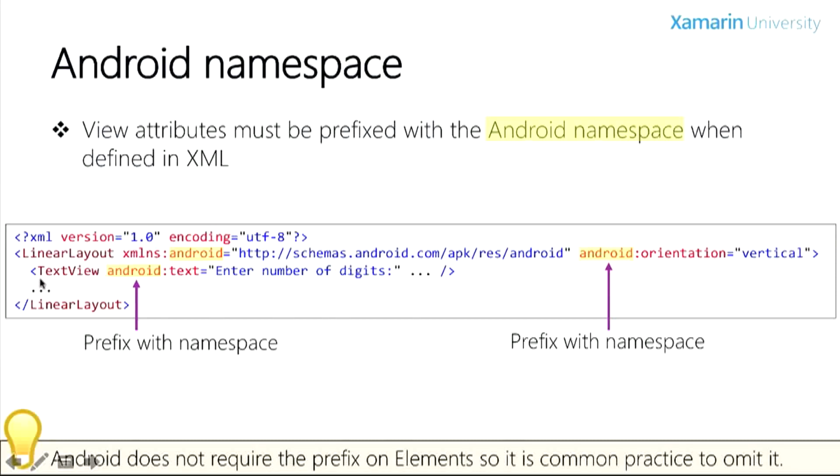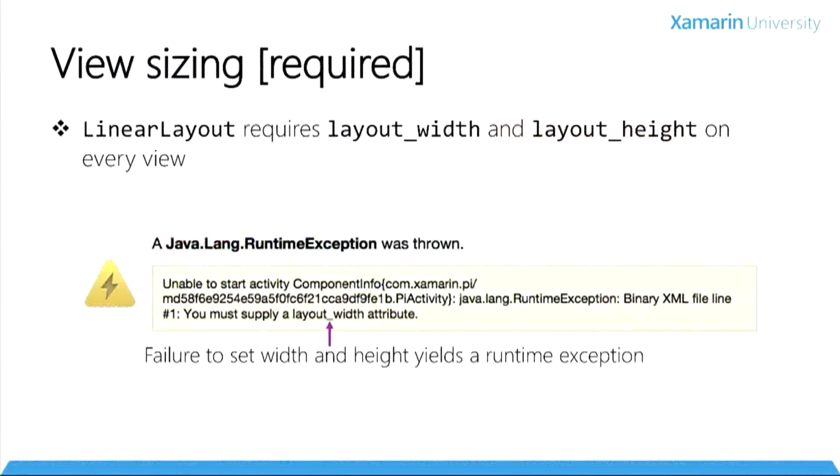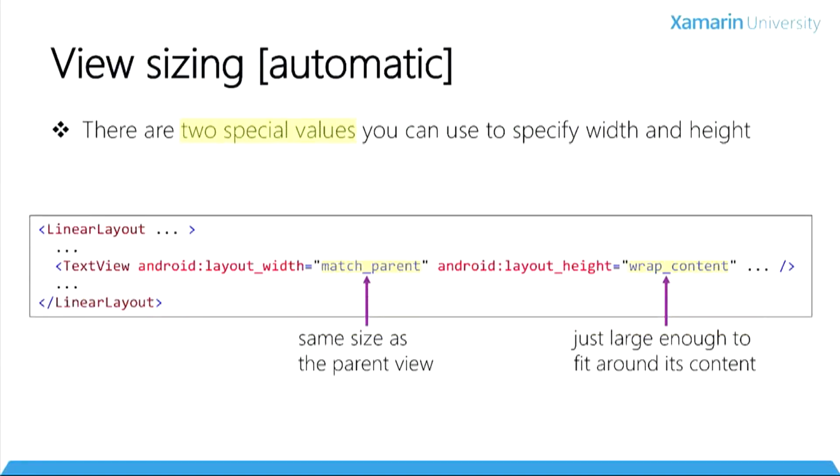There are two important attributes that are required by most of the layout panels, and that's layout width and layout height. If you don't set both of these, you're going to get an exception at runtime. So you need to set values for both of these on every one of your views. When you choose values for width and height, the most common things to use are these two special values, match parent and wrap content.